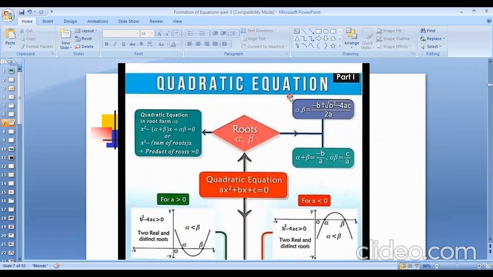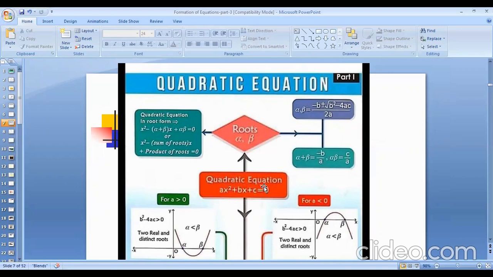In this slide, you must know there are two roots. Suppose the roots are alpha and beta, or x1, x2 maybe. You can take any one. So if two roots are alpha and beta, then this equation, x square plus bx plus c equals 0, is called a quadratic equation, because the highest power of the variable is what? 2.